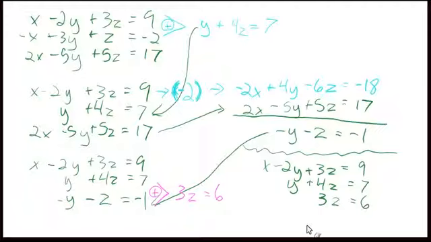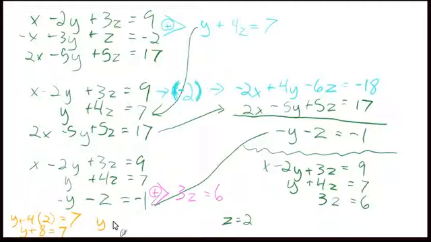Alright. Well, now you can see it's going to be pretty straightforward. Z clearly is going to be 2. Z is 2. I'm going to put 2 into this equation. I'm going to do that over here. Y plus 4 times 2 for z equals 7. So y plus 8 equals 7.